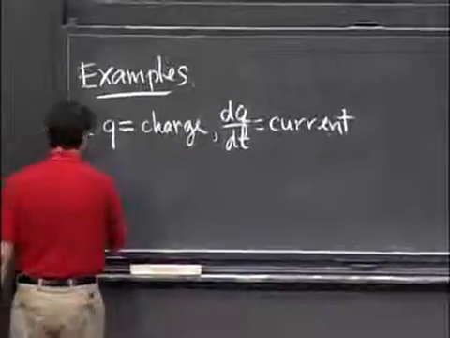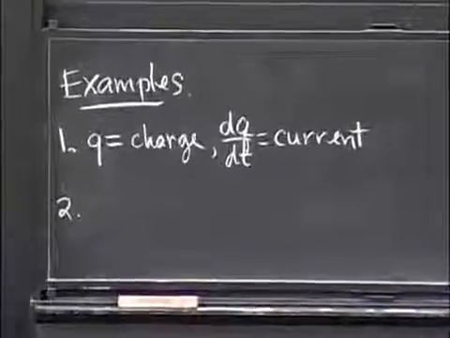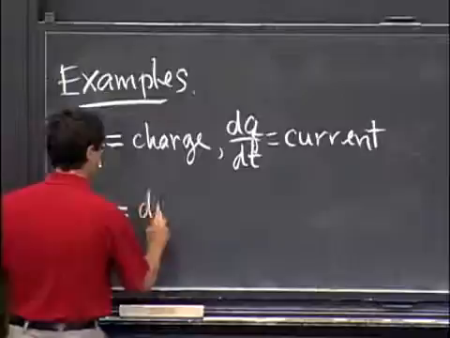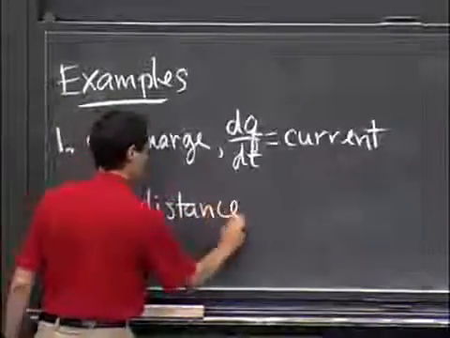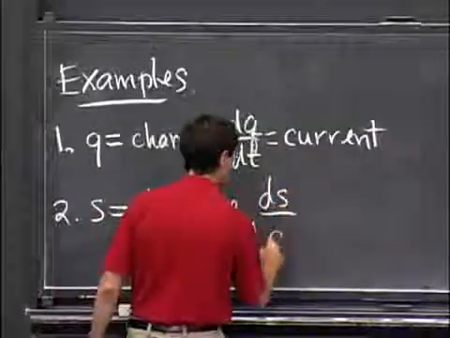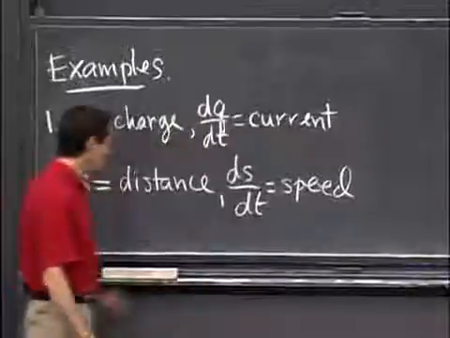A second example, which is probably the most tangible one, is we could denote the letter S by distance. And then the rate of change is what we call speed.